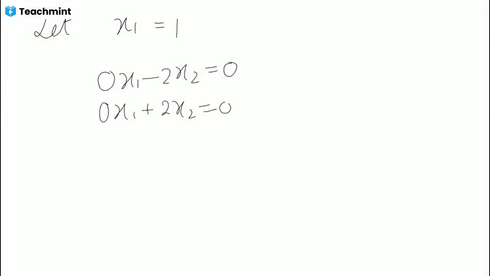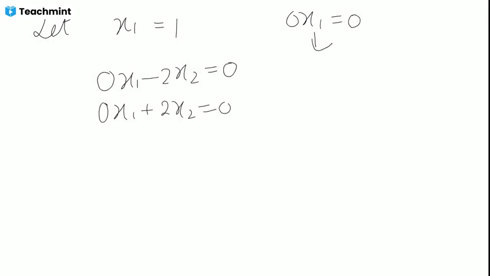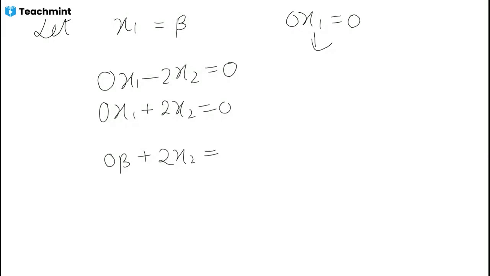Because 0 into x1 gives 0: if the product of any two numbers has one of them 0, then the result will be 0. But x1 is not 0 here. It has some other value which is not defined here. So we are considering let us take x1 is equal to beta. If we multiply this beta with 0, obviously we'll get 0. So here x2 will become 0.